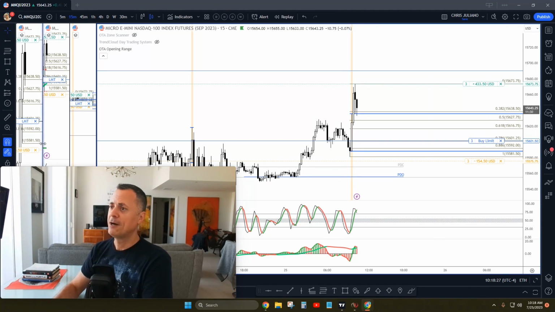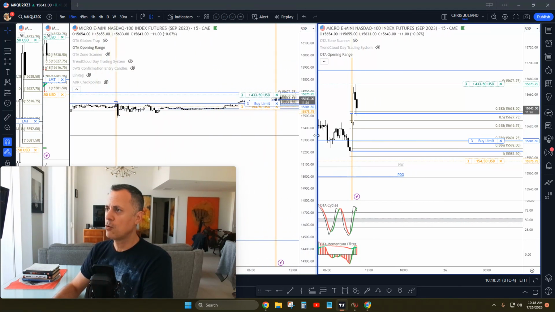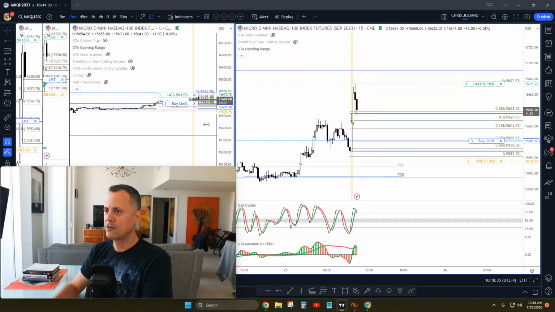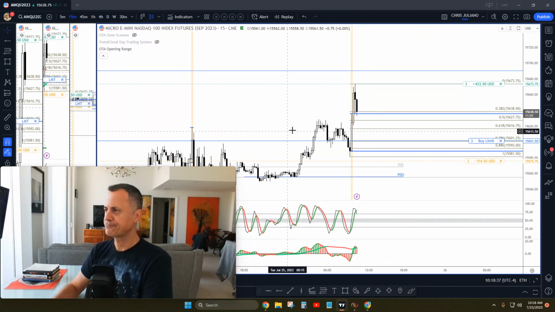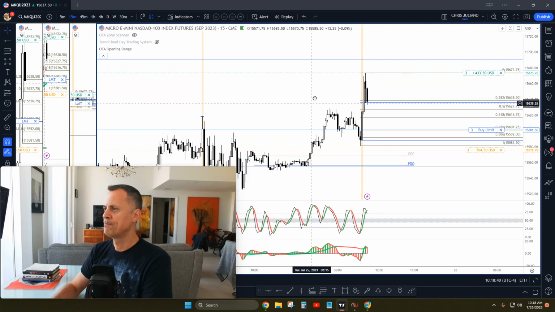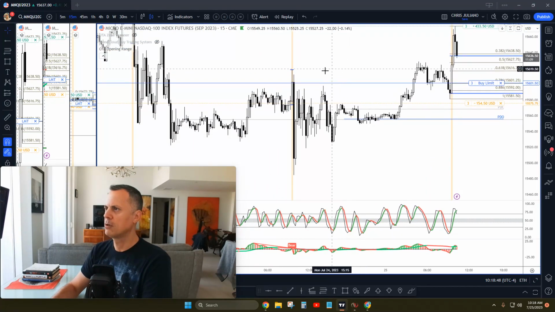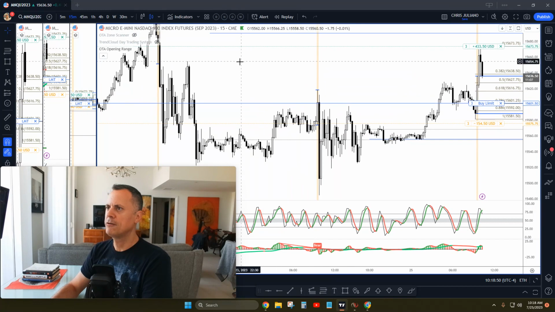Now, if you've watched the previous videos in the course, you'll understand what I'm talking about. But if you don't know what a formation is, then let's go over that right now. So here we've got this drop base rally that broke through all of this structure to the left here.